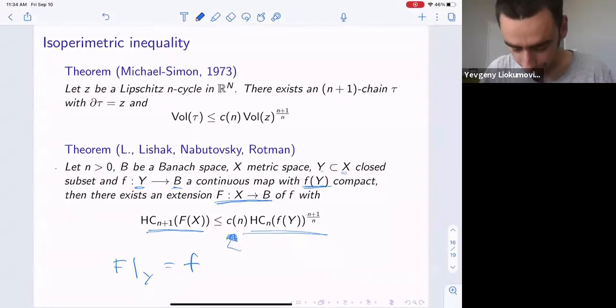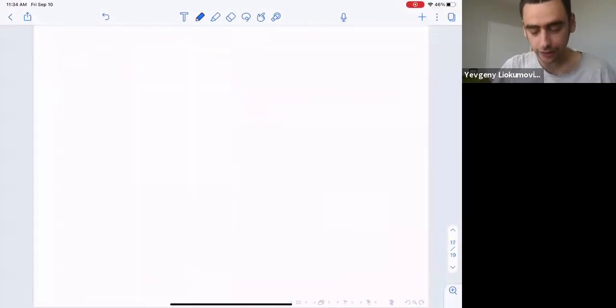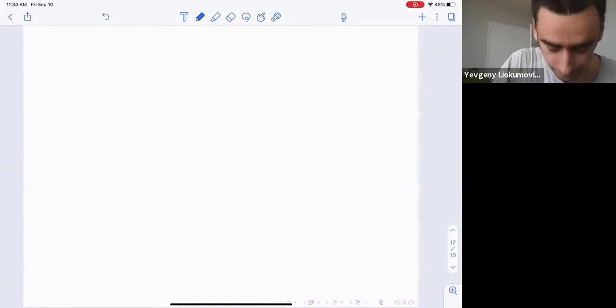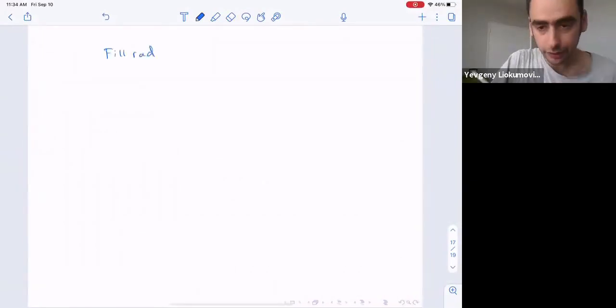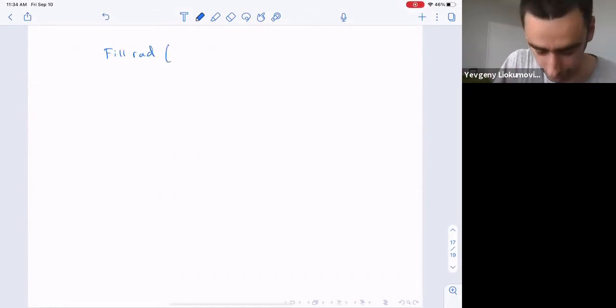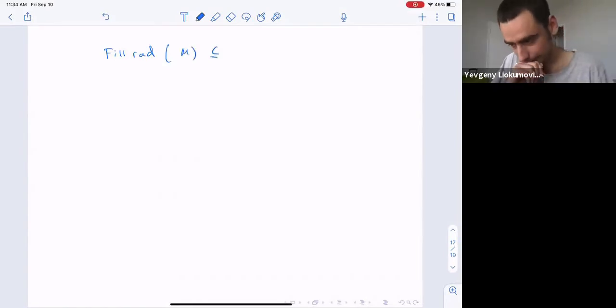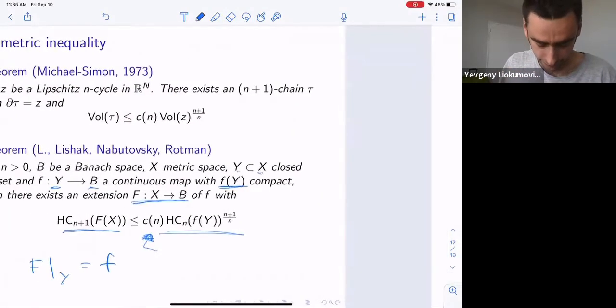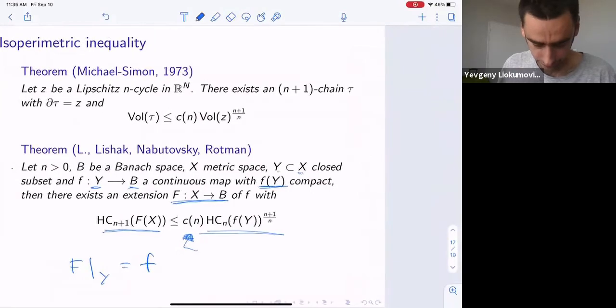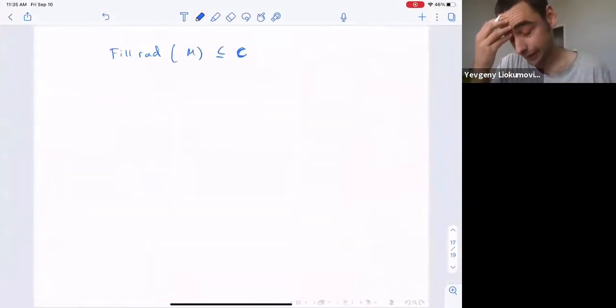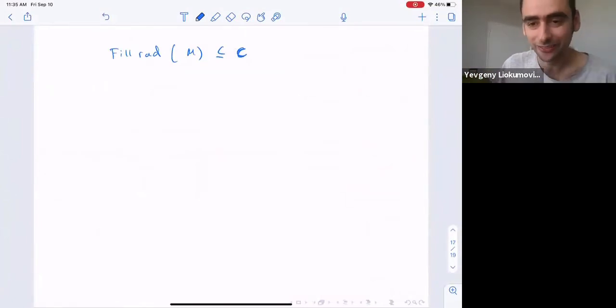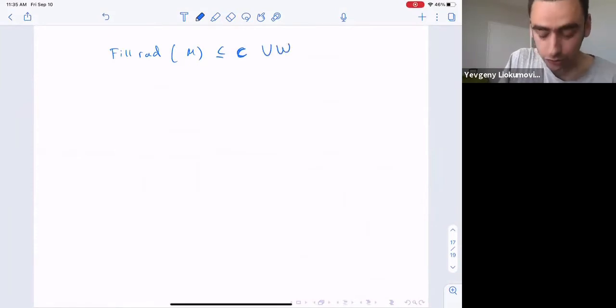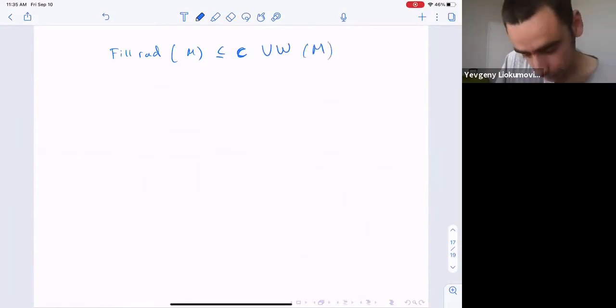So I believe it follows from some original papers of Gromov, from his filling Riemannian manifolds, that the filling radius, the one that's defined in terms of the Kuratowski embedding of manifold M, is bounded by, I can't quite remember the constant, but it's some very simple constant, one third, by the Urysohn width of the manifold M, and you can actually put any Urysohn width for K here between n-1 and 1.